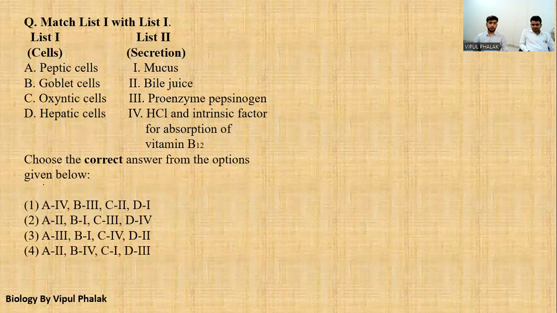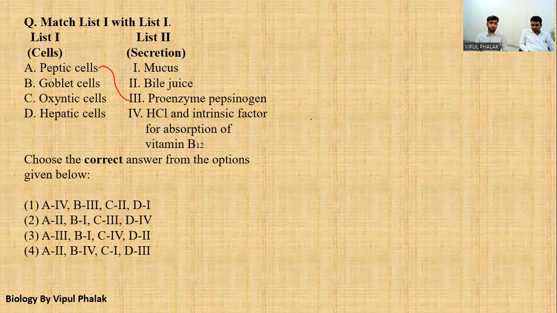Next question, on list 1, we have given cells, and on list 2, we have given secretions. Peptic cells, also known as chief cells, are responsible for the secretion of proenzyme pepsinogen. Goblet cells, intestinal mucosal epithelial cells, are responsible for the secretion of mucus.